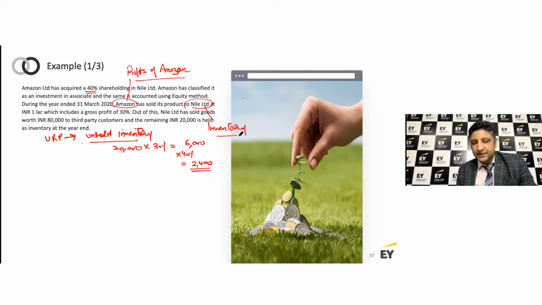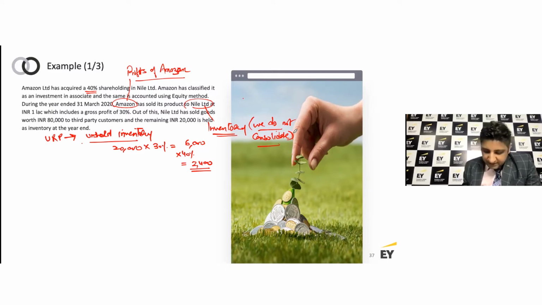But then do we really consolidate the inventory of the associate? The answer is no, right? We do not consolidate this inventory. So how do we account for this adjustment? We say reduce the profit of the seller, right?